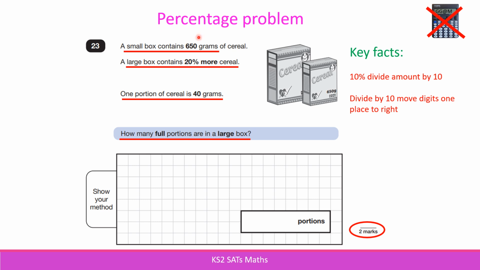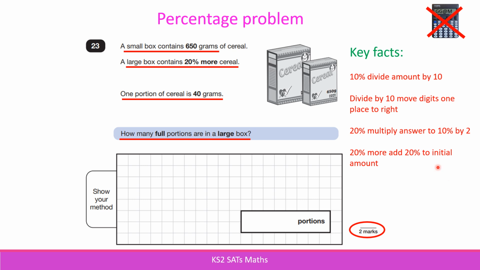Once we've found 10%, we need to work out 20%. To do that, we multiply the answer for 10% by 2, or double it.